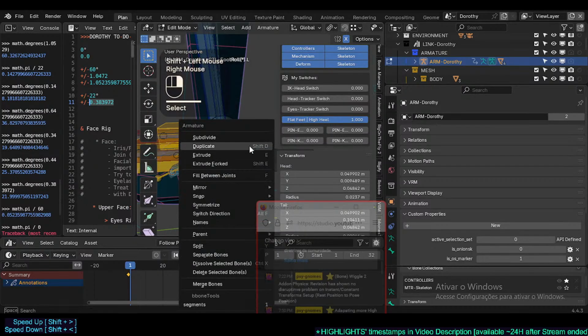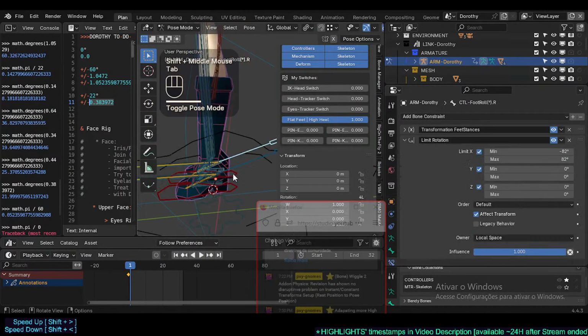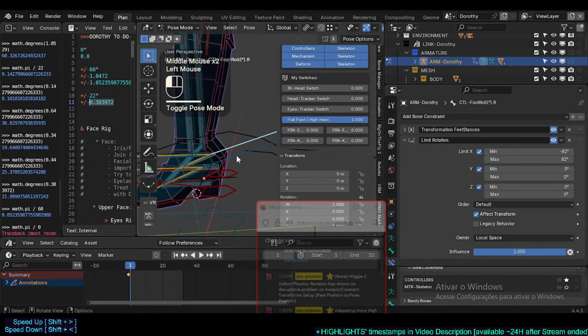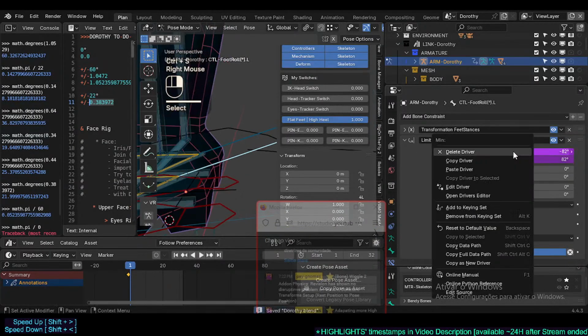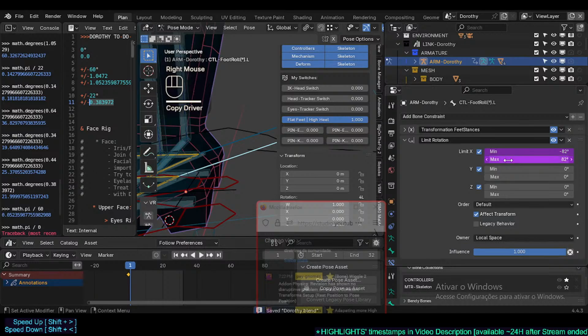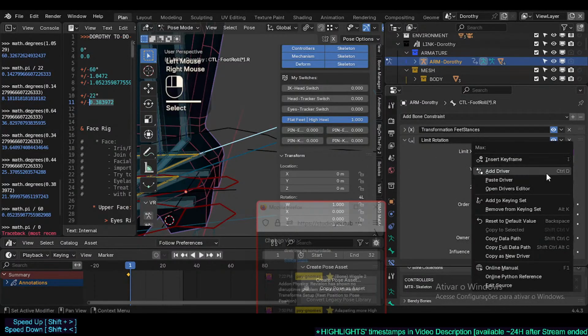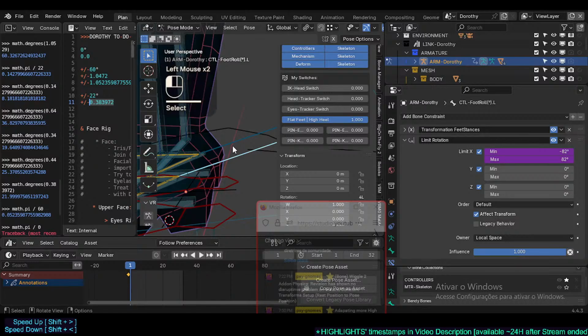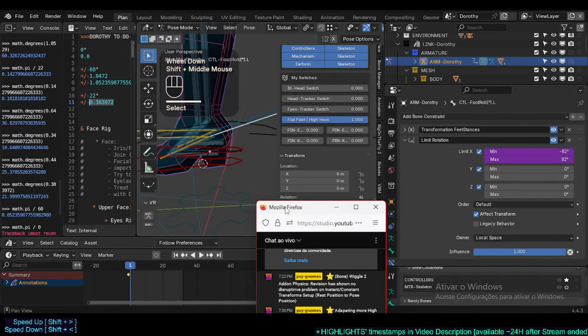Yeah, just in case, let's also symmetrize the heel, and then we're gonna copy driver, copy driver, paste driver. It's not assigned to a bone, the driver is the same slider button, so should be equivalent.